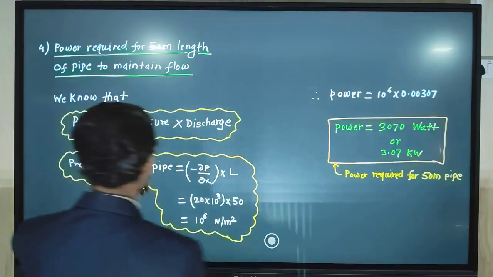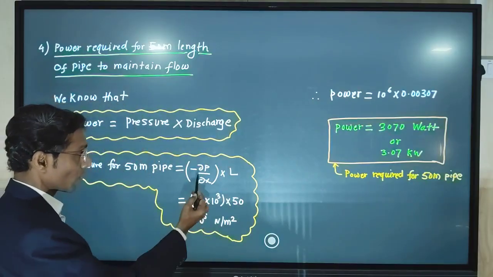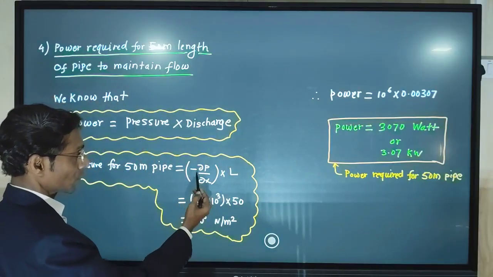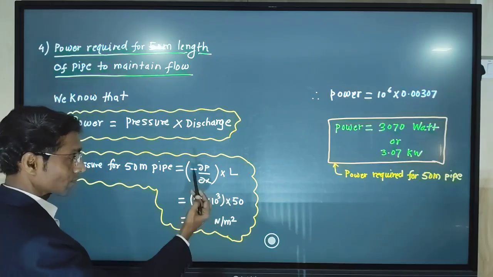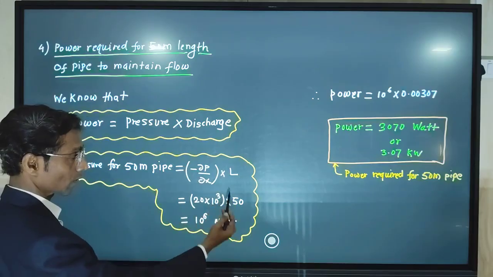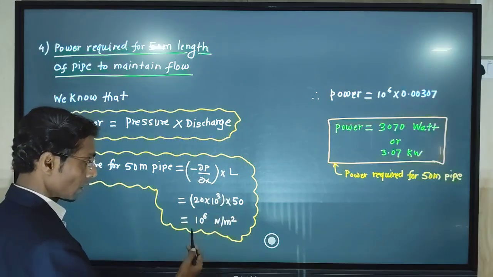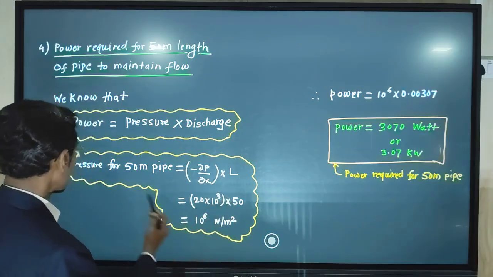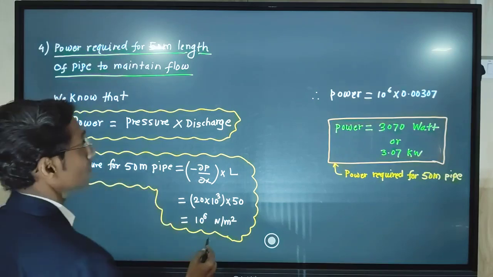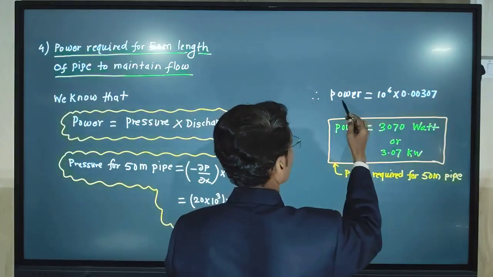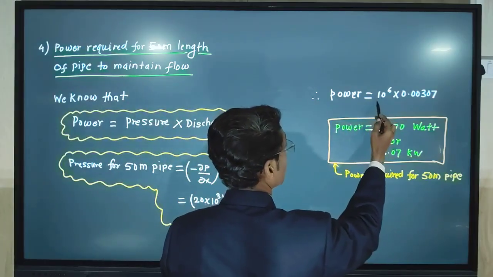So first of all, for the pressure we will modify the formula, that is pressure gradient multiplied by length. Value of pressure gradient in a Newton per meter square, value of length in a meter. Doing the calculation, we get pressure for 50 meter length of pipe.